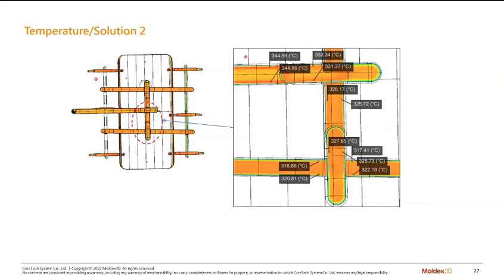And if we check the temperature results, the most important thing is these junctions. We need to make sure that the temperature on this side equals this side. So if you check, here the temperature is 380, 320.